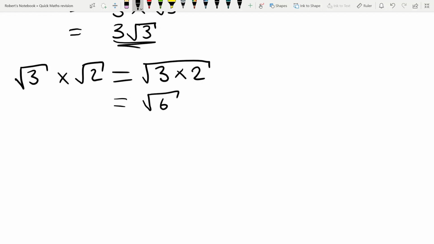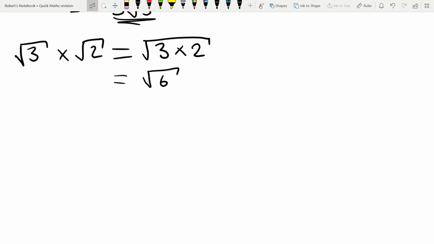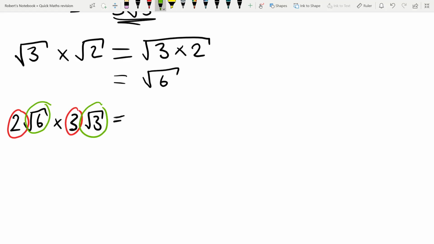So that's quite straightforward. Things get a bit more difficult if you have numbers as well, so whole numbers as well as your square roots. So if you had 2 root 6 times 3 root 3, for example, what we have to do is multiply the numbers on the outside and then the surds separately.